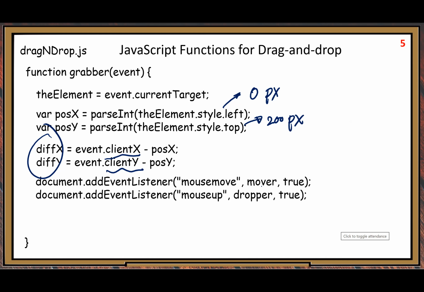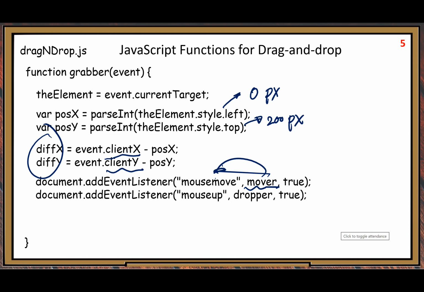So you need to register another function. The function name is called mover. Mover is the function name. The mover function name is registered with this mouse move action. Mouse move is the action name. When this action occurs, then the mover function is called. Another JavaScript function, mover, is called.